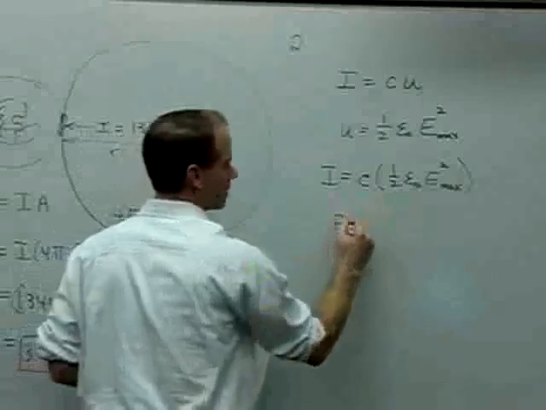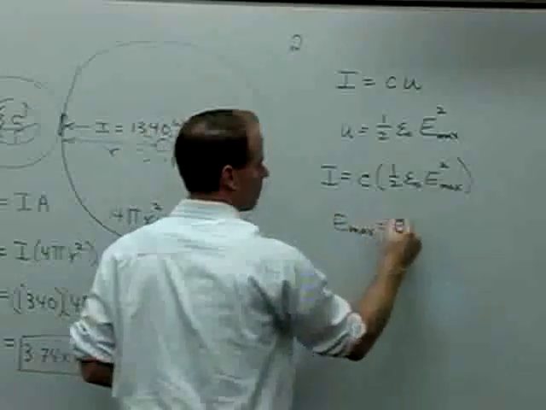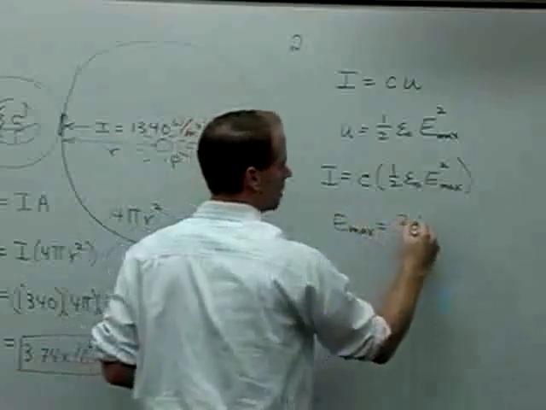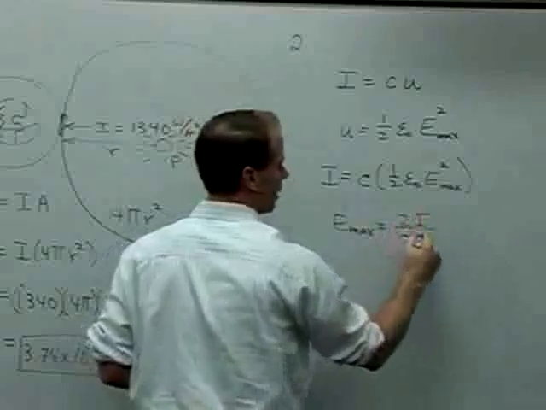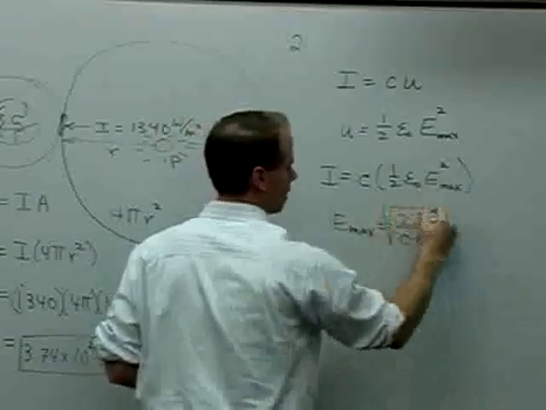Solving this for E max, that would be the square root of 2 times the intensity divided by the speed of light times epsilon naught.